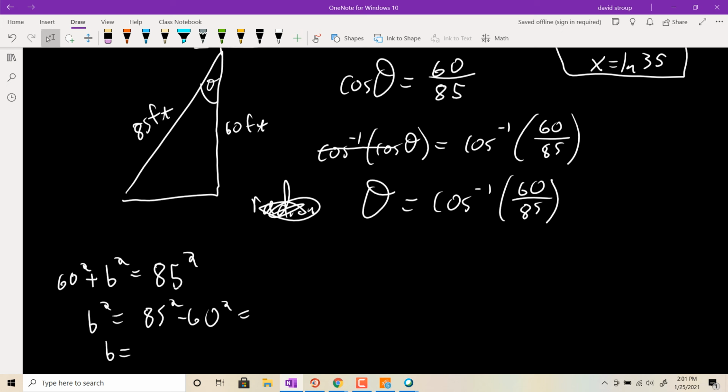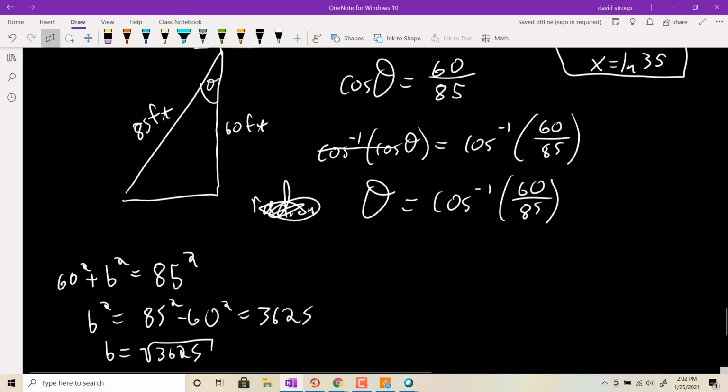I forget what that is. 85 squared minus 60 squared is 3625. And then I need the square root of that. Hopefully it works out nice. Oh, of course not. So b is the square root of 3625.